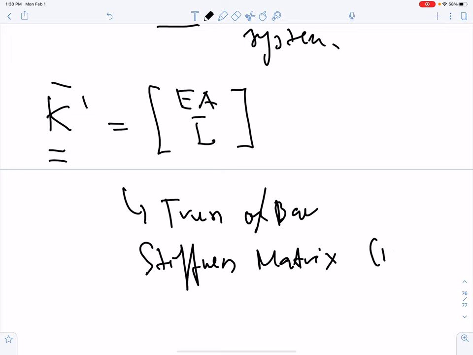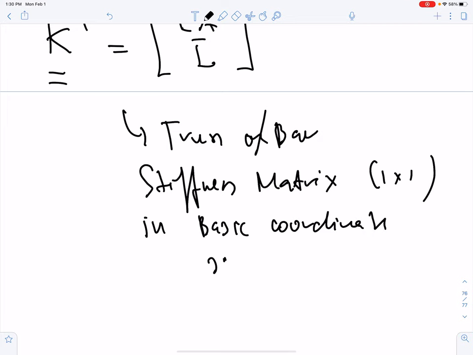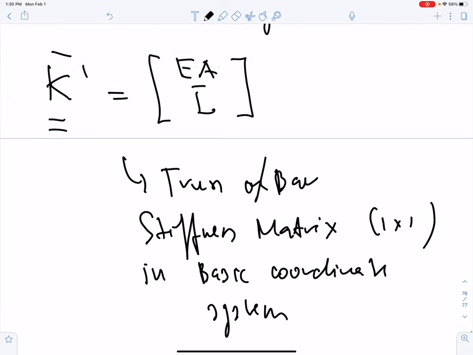It's actually a simple 1-by-1 matrix in the basic coordinate system, right? And so you can see the structure.